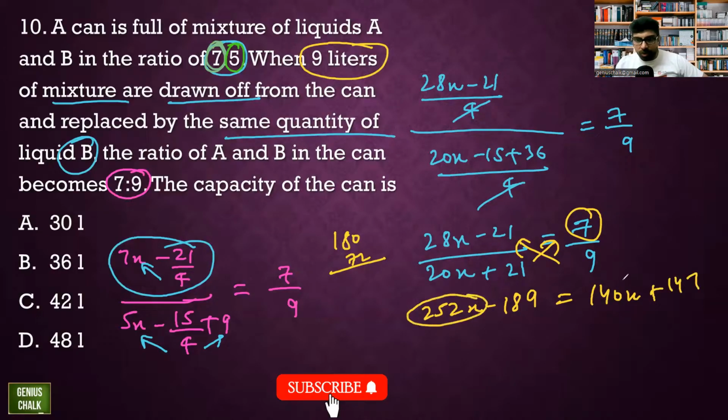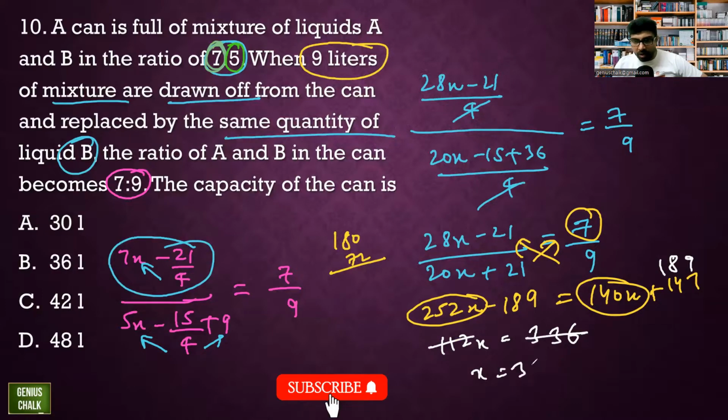So 252 and 140, how much is it? 112, and it is 189. So 9 7 16, 9 4 13, it becomes 3. So x value, 12 3s are 36, x value is 3. So we have got the x value, that is 3.